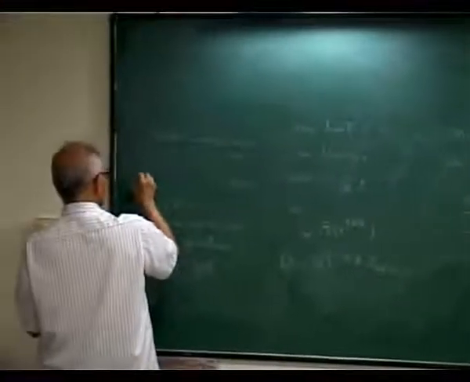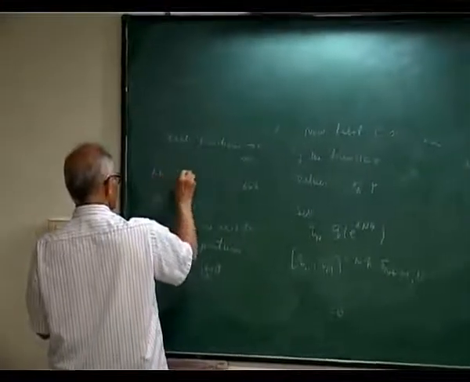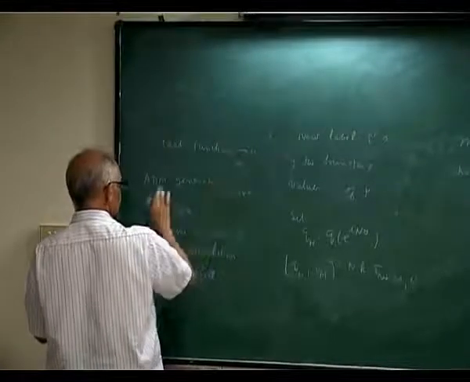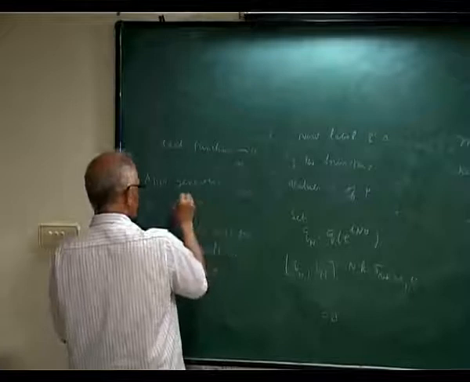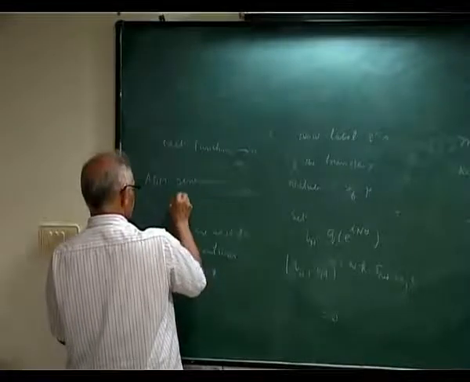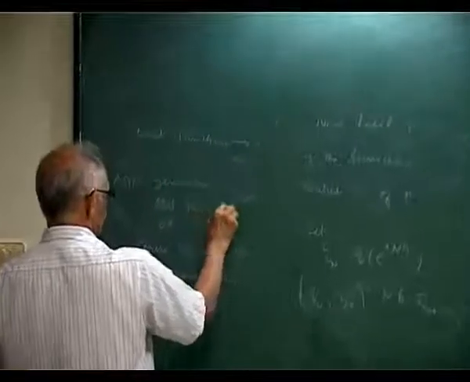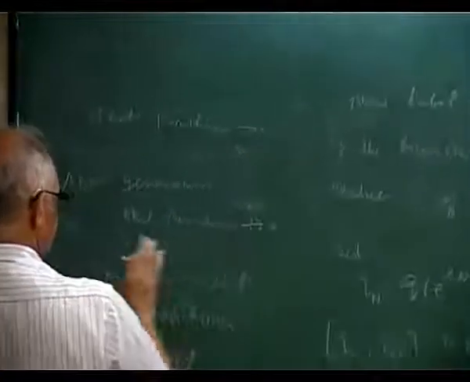Whereas the ADM generators, these are the ones which generate the Poincare group, the test functions do not go to 0 at infinity.